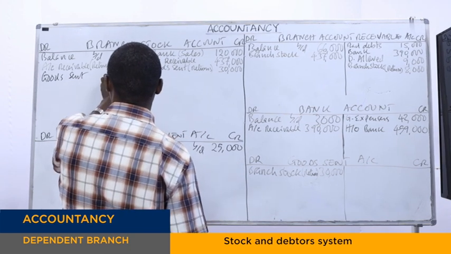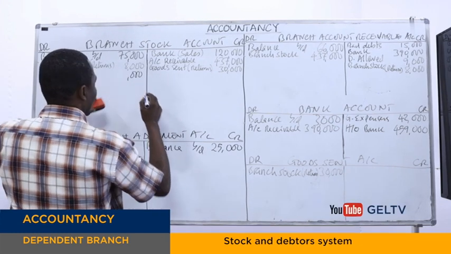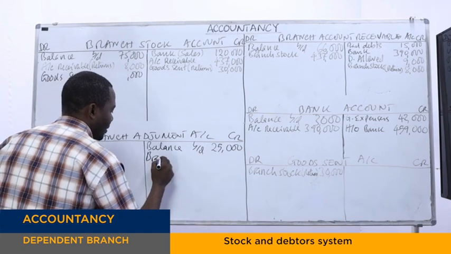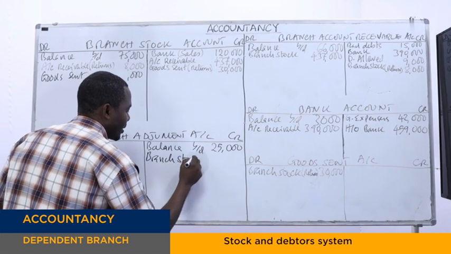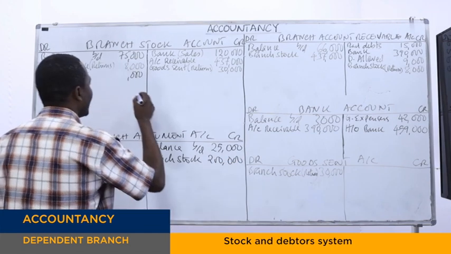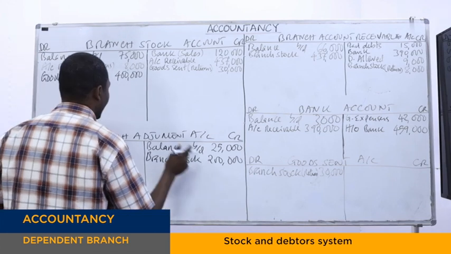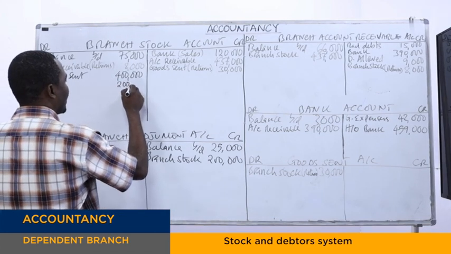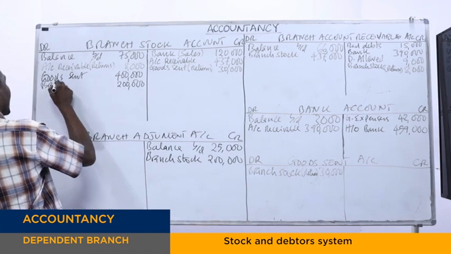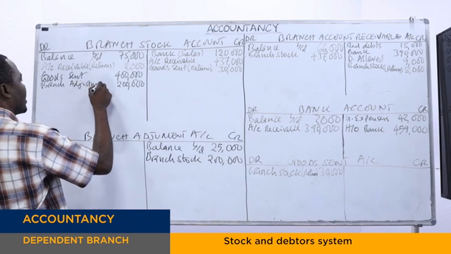Then for goods end, normally goods end will be recorded at cost. So if the profit loading here in branch stock will be 200, as we have computed, then this should be 400 to goods end, and the difference that makes the 600, we adjust it to branch adjustment.